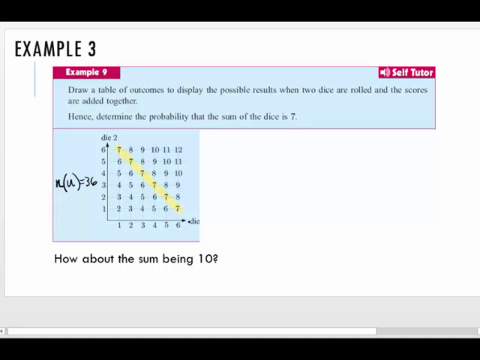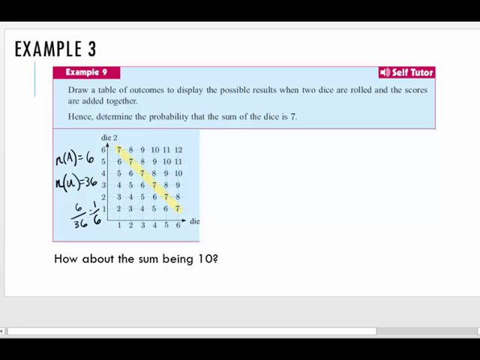Well, the sum of the dice 7 is right here. We count them 1, 2, 3, 4, 5, 6. So we say that the number of the event that we want to occur is 6. So now we take that and we divide it. So 6 divided by 36 is going to be 6/36, which reduces to 1 over 6.